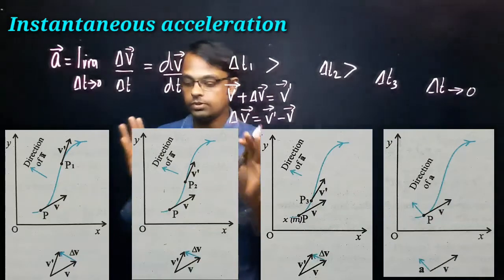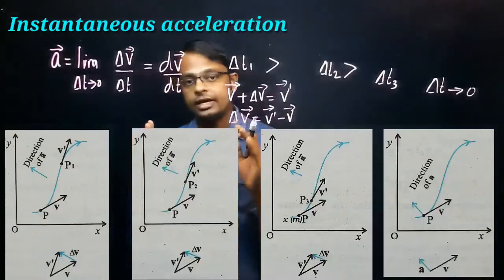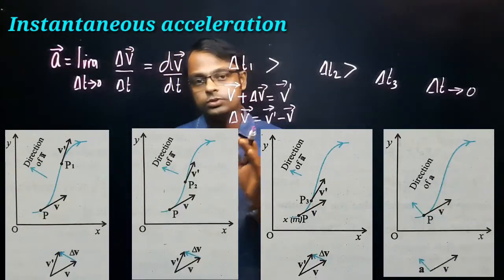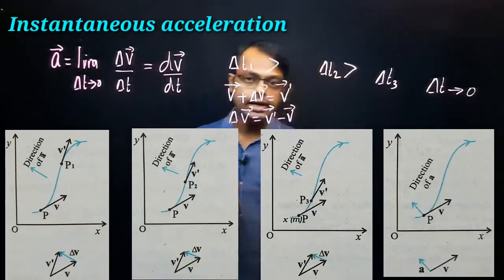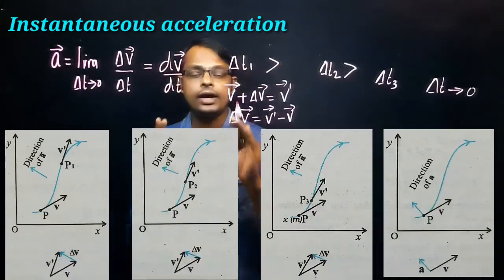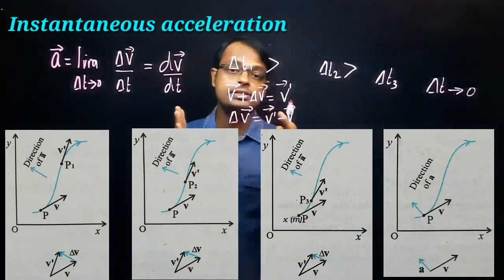Okay, so let me conclude here. What we have discussed in all these pictures is that when the time interval is reduced in such a way that delta t tends to 0, we can consider that the average acceleration becomes what? Instantaneous acceleration.